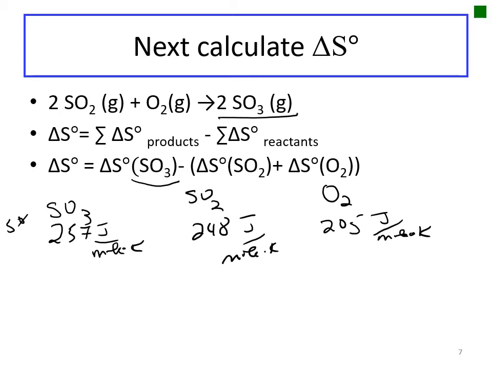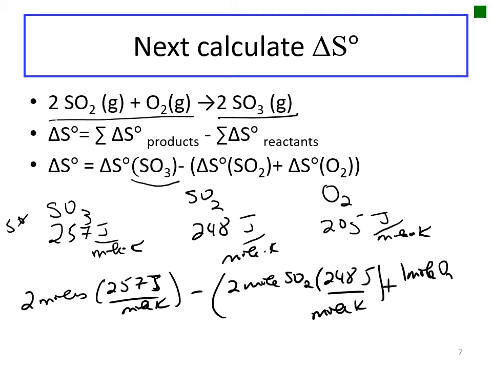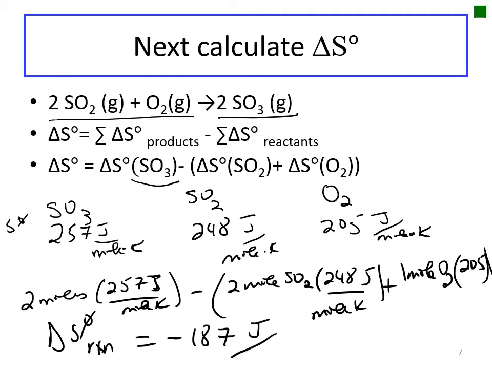So we're going to start out with products minus reactants. We're going to take 2 moles of SO3 multiplied by 257 joules per mole K, minus 2 moles of SO2 times 248 joules per mole K, plus 1 mole of oxygen times 205 joules per mole K. And when we finish our math here, we're going to get a delta S for this reaction equal to minus 187 joules per Kelvin.